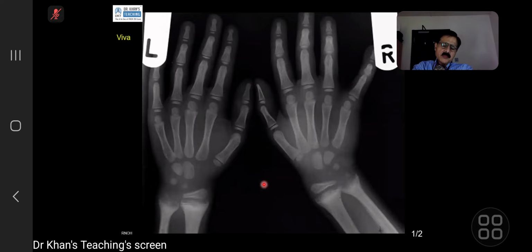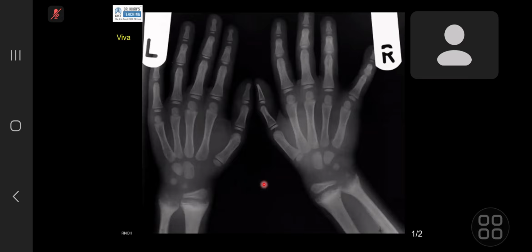Can this be scurvy? Sorry, sir. Can this be scurvy? No, I don't think so, because I don't see any such change in the epiphysis on both the sides. There's no evidence of Wimberger sign.